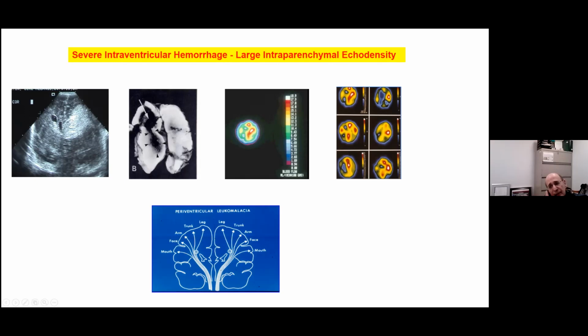So what I've tried to do in this series of slides is give you an example of why looking at the image, and knowledge based on a lot of prior work, one can certainly be very concerned and provide the parents with, I think, very sound options.